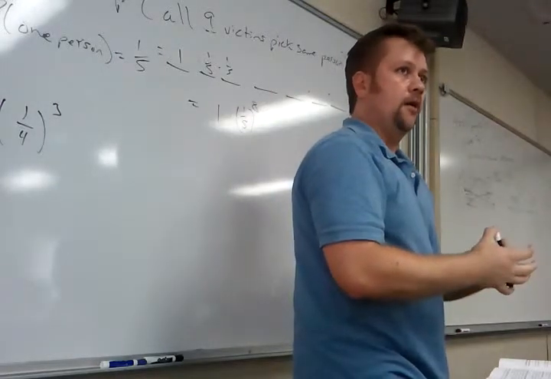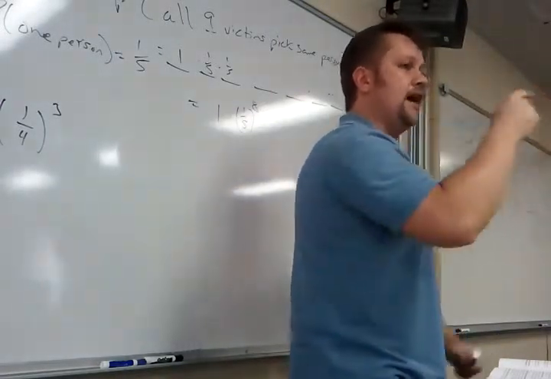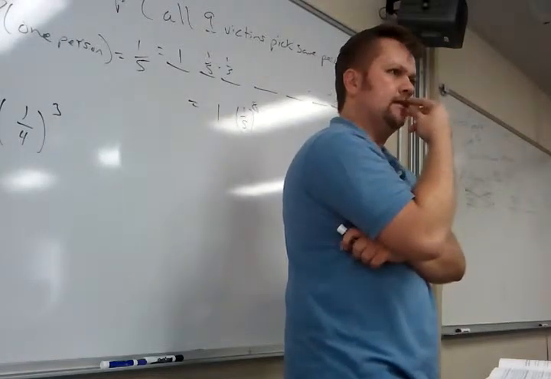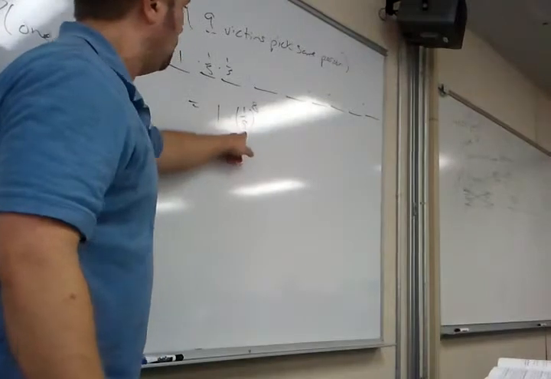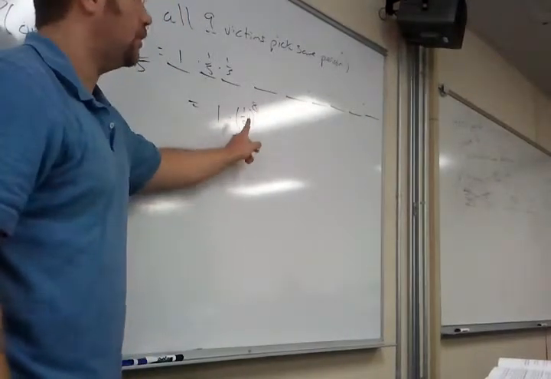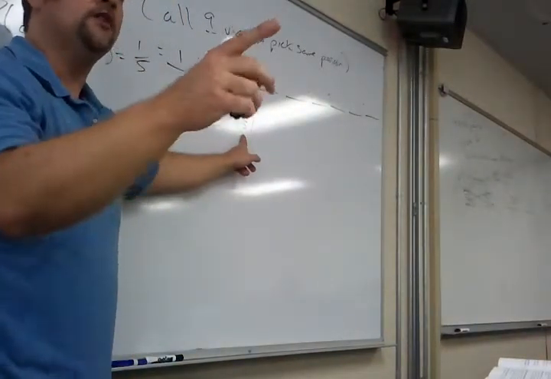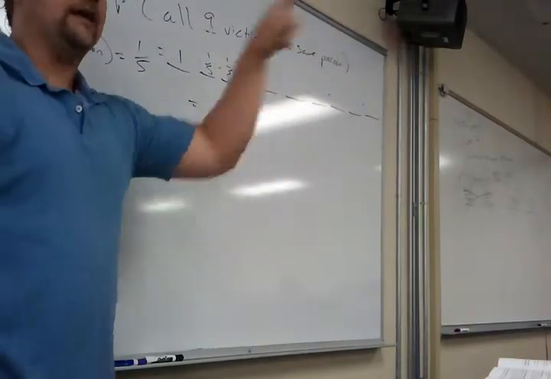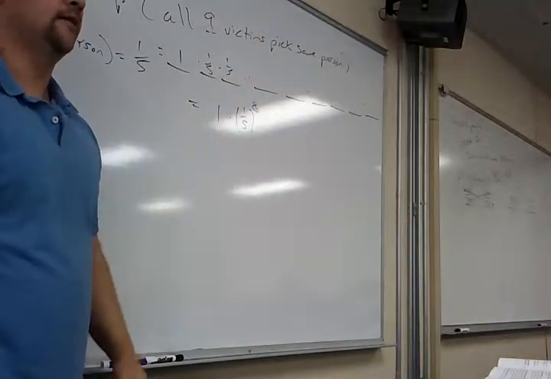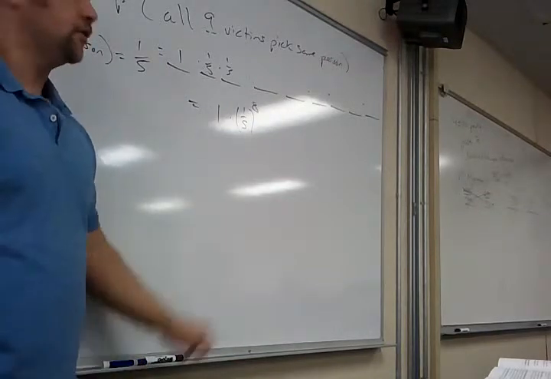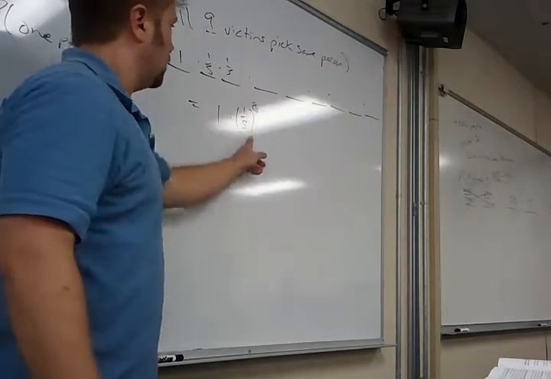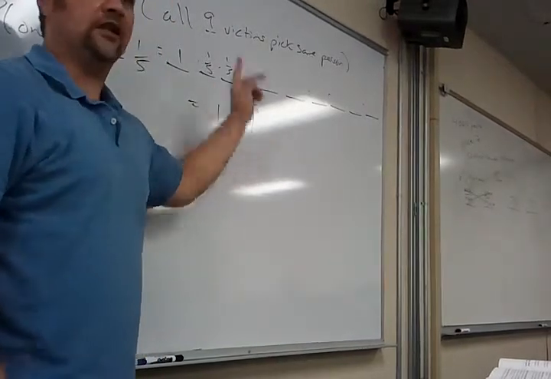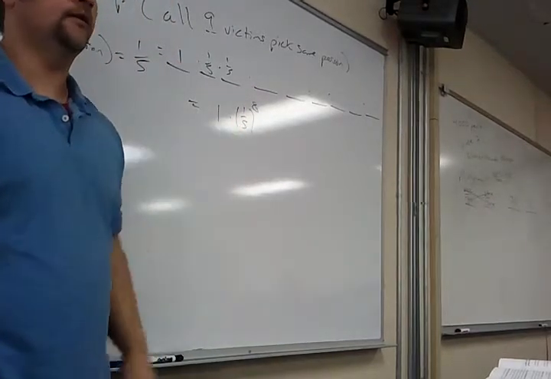But if they all do pick the same guy, what does that mean about did they randomly guess? Well, this is the probability. If they all pick the same guy, this is the probability they did it randomly. So what's more likely? They actually just randomly picked the same guy, or that guy did it? That guy did it is more likely. There's a chance I'm wrong, but they are chances that I can live with being wrong. That's a really small chance of being wrong there. So would that constitute reasonable doubt?